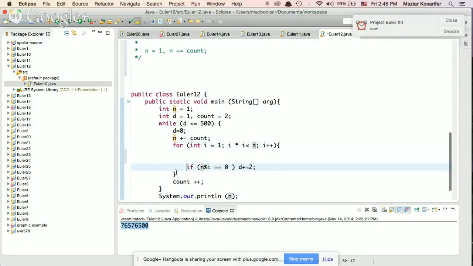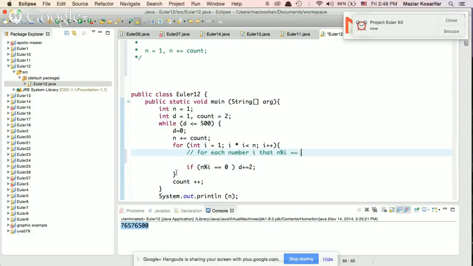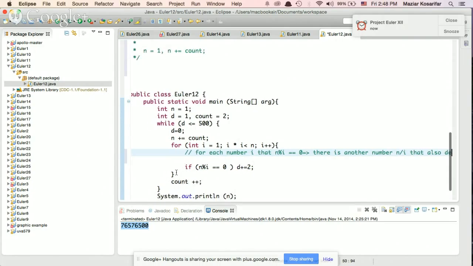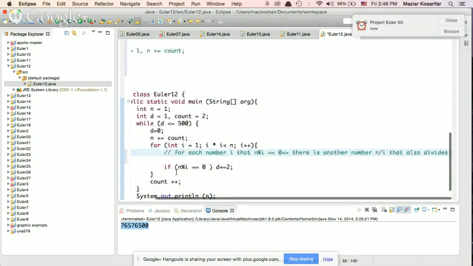So for each i where the modulo of n and i is equal to 0, there is another number, n over i, that also divides n.